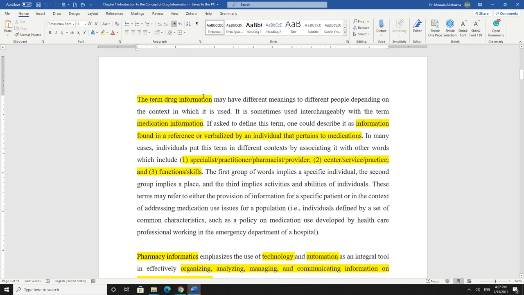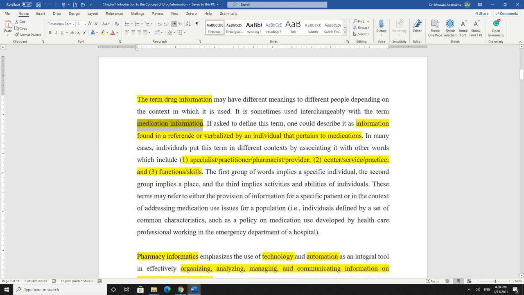You know, if you put these terms together, drug information and medication information, you will feel that when I say drug information, it is as if it is related to the drug. For example, what is this drug? Paracetamol, for example. To what class it belongs. Okay, but when we talk about medication information, it's more general and encompasses a wider range of information.